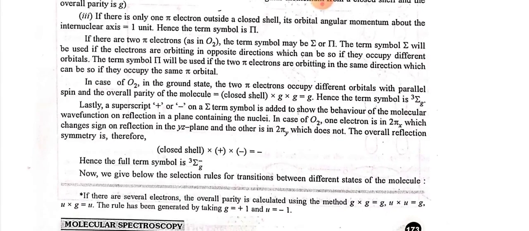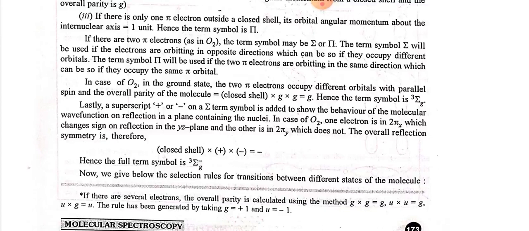If there are 2 pi electrons as in O2, the term symbol may be sigma or pi. The term symbol sigma will be used if the electrons are orbiting in opposite directions, which can be if they occupy different orbitals.